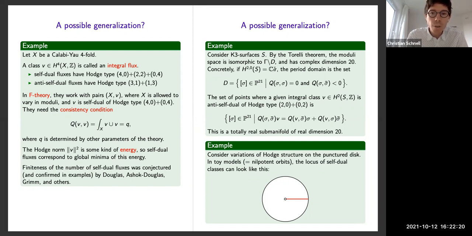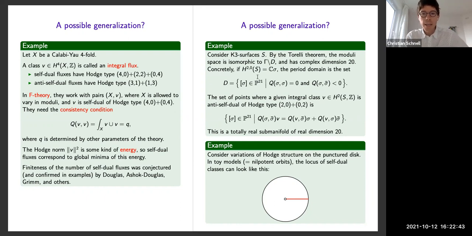You pick a generator for it, call it sigma, and then the period domain, which is basically the moduli space, is just the set of all of these sigmas up to scaling, where these two conditions happen. Sigma paired with itself has to be 0, and sigma paired with its conjugate has to be negative. So this is a 20-dimensional quadric in D, and then inside of there is some open set.